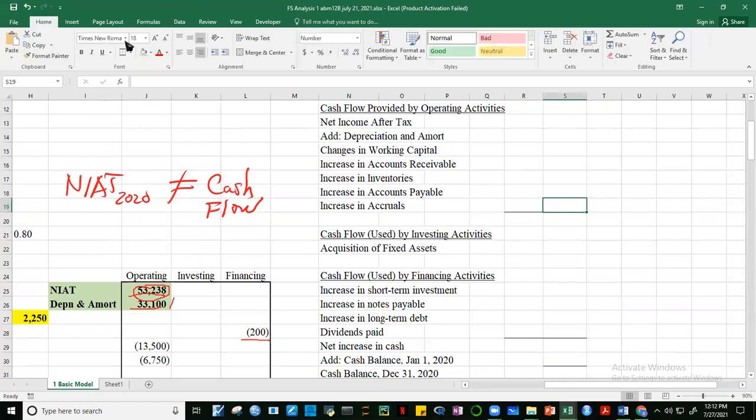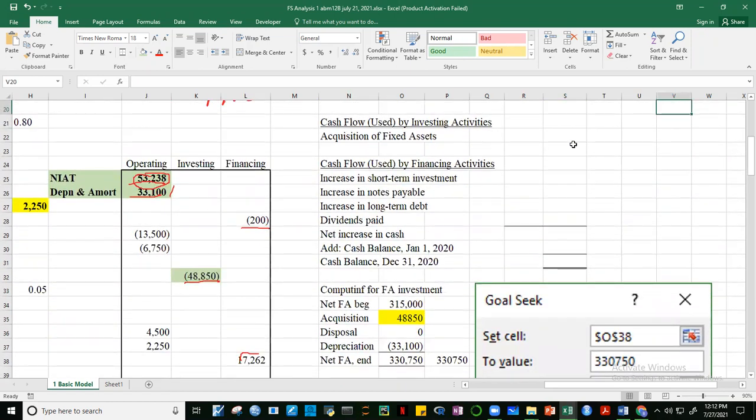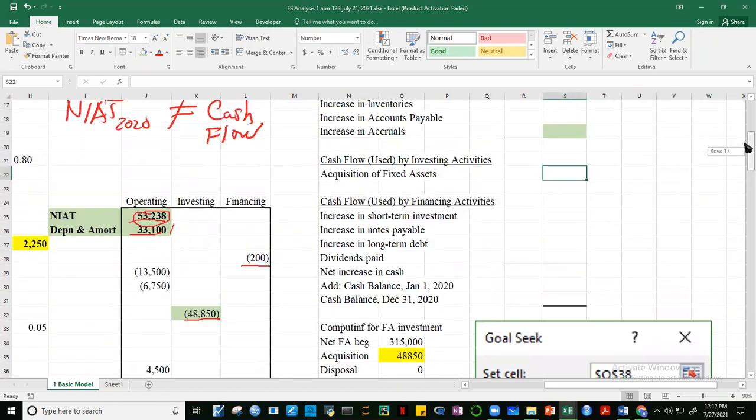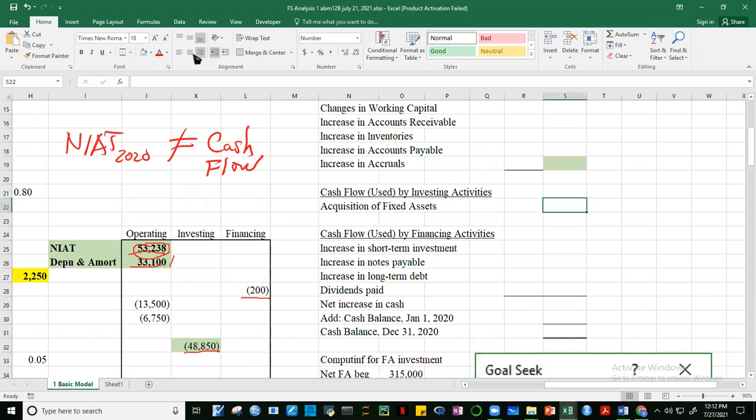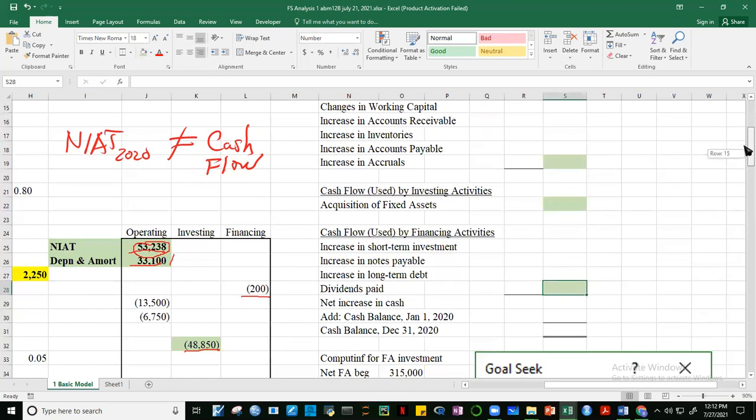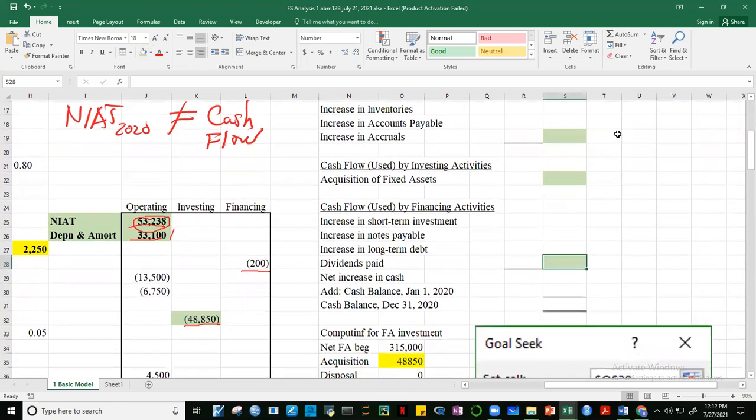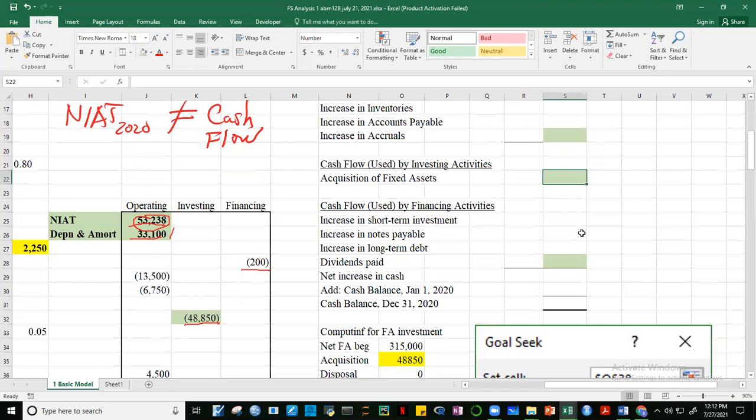Operating, and then we have here investing dito. Tapos we have here financing ito. So dapat lalabas tong tatlong to. Single out sila. Operating, investing, financing.